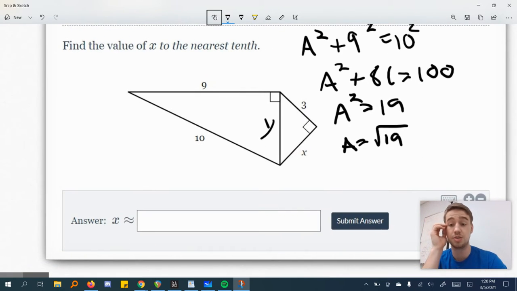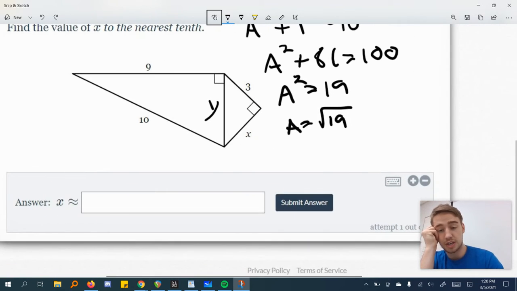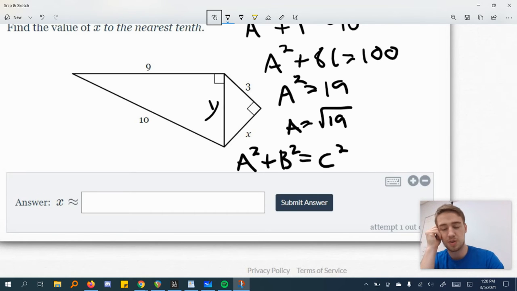Now that's our hypotenuse, and we're going to plug it in as our new c. So a squared plus b squared equals c squared for the smaller triangle, but now we need to use our new variables. So c is going to be radical 19, and I'm going to replace this with our 3 that we've been given.